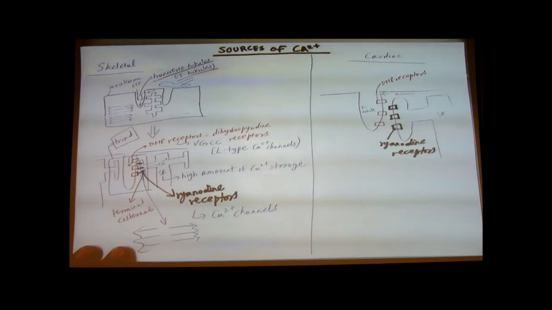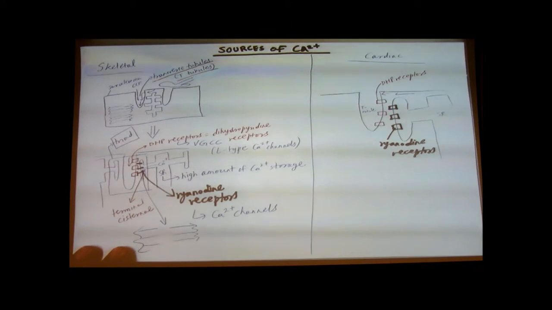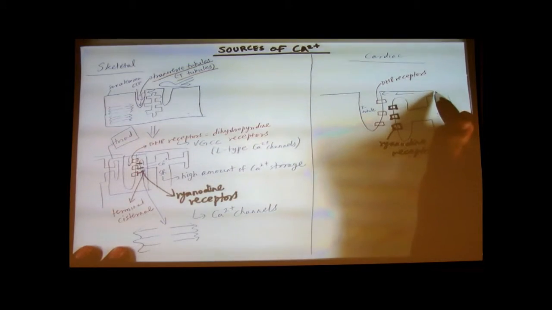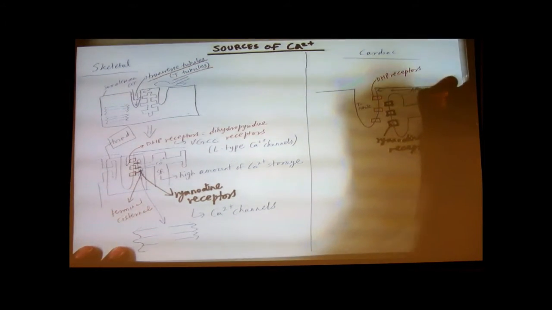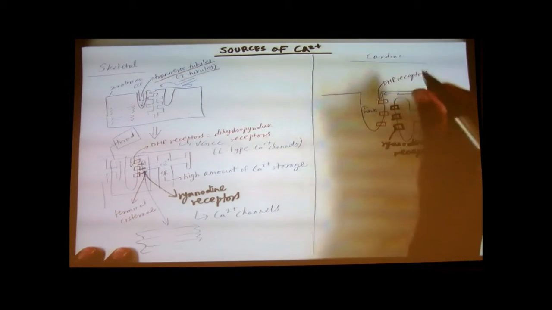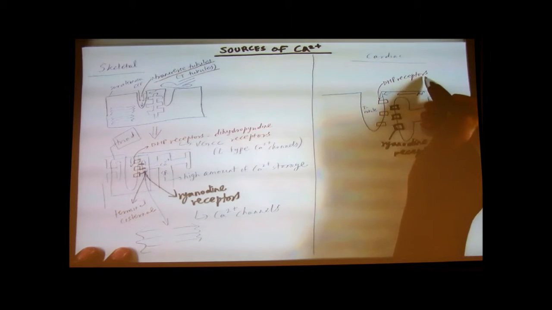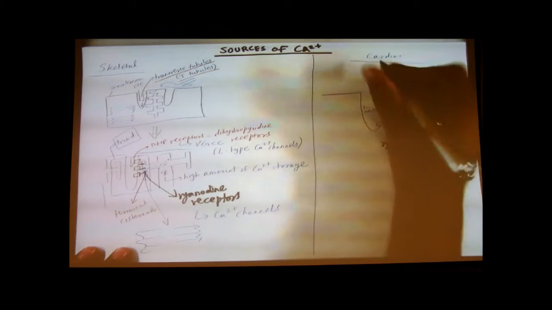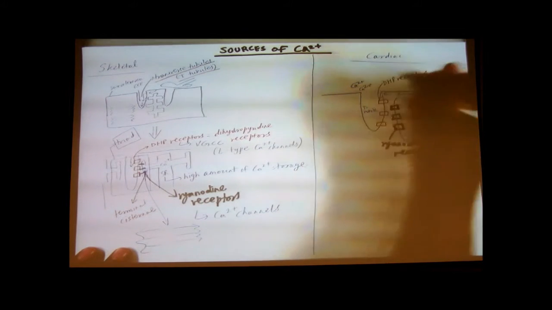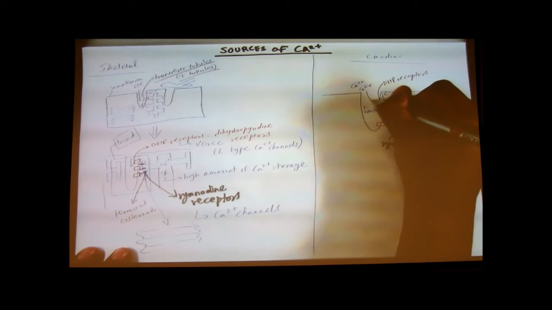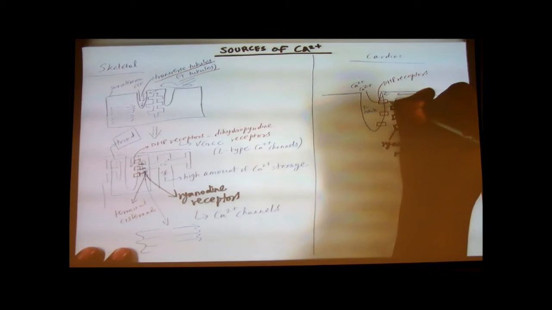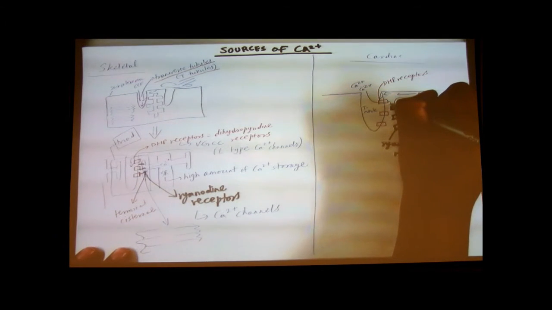It causes self-excitation that causes action potential through depolarization, and then this action potential propagates down the T-tubule and reaches these voltage-gated channels or DHP receptors, opens them up, and the calcium out here in the extracellular fluid comes through these DHP receptors. And now this calcium is inside the cell.